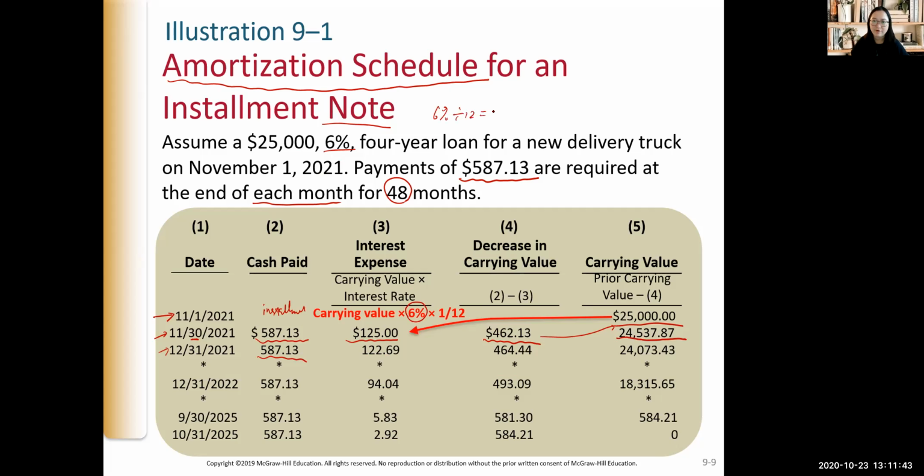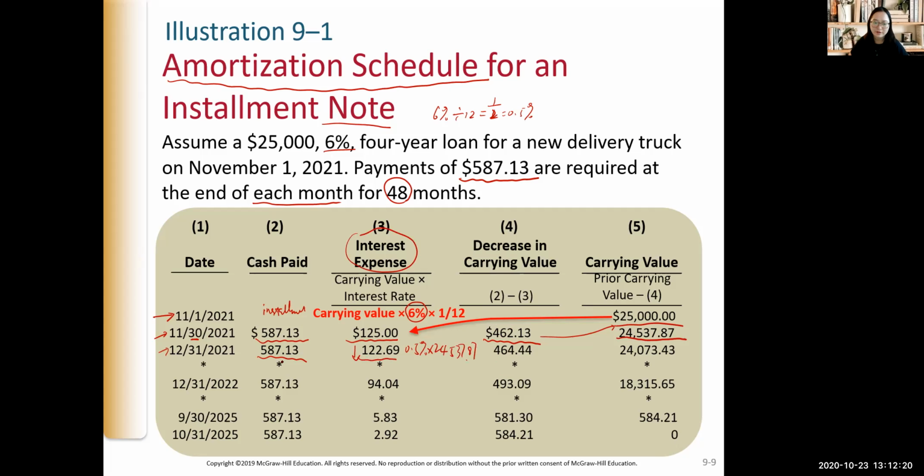Hence every month you're paying 0.5%. So when you multiply 0.005 by this new carrying amount that was reduced in the previous period, you find that your interest expense on December 31st actually decreased, right? Because your carrying amount decreased from $25,000 to $24,537.